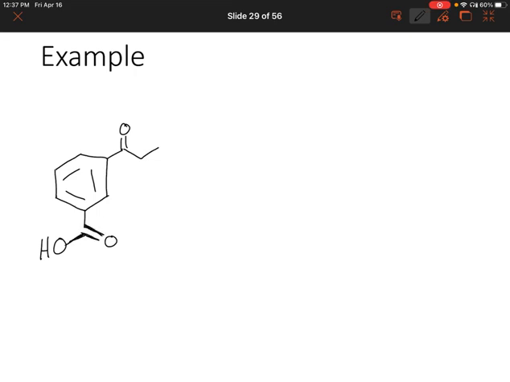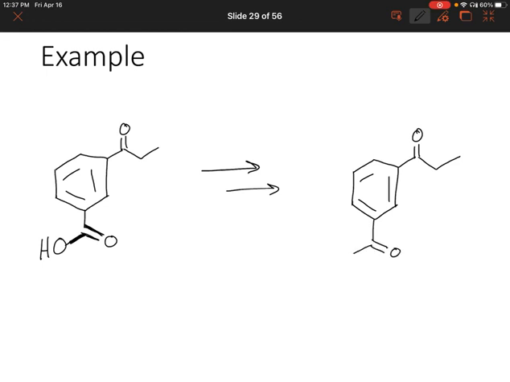So we're going to turn that into a benzene ring with that same ketone, but our carboxylic acid will be converted into an aldehyde. So again, most of the molecule stays the same, but we're turning that carboxylic acid into an aldehyde. So see if you can figure out the appropriate reagents to use for this reaction, and when you're done, we'll go over it together.